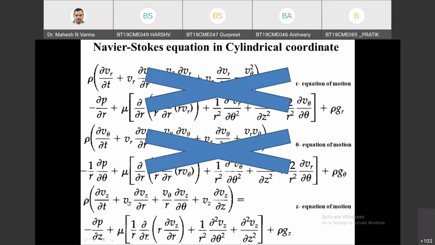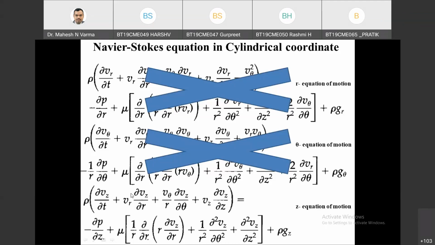Roll number 50, Rashmi. Whether this is 0 or non-zero? Sir, it will be non-zero because Vz is varying in the r direction.